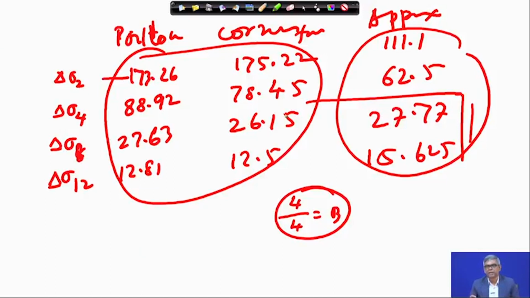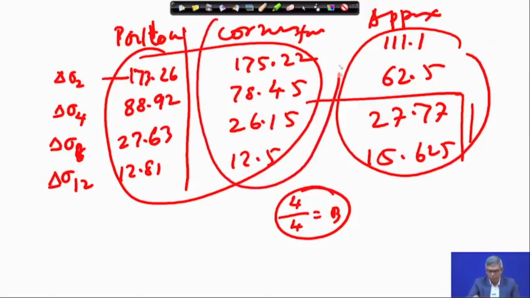Because of that, in many applications where it is not very important, we can calculate quickly using this method. Otherwise the point load method can be used, and for the corner formula obviously you have to do a lot of calculation and there is a chance of making mistakes.